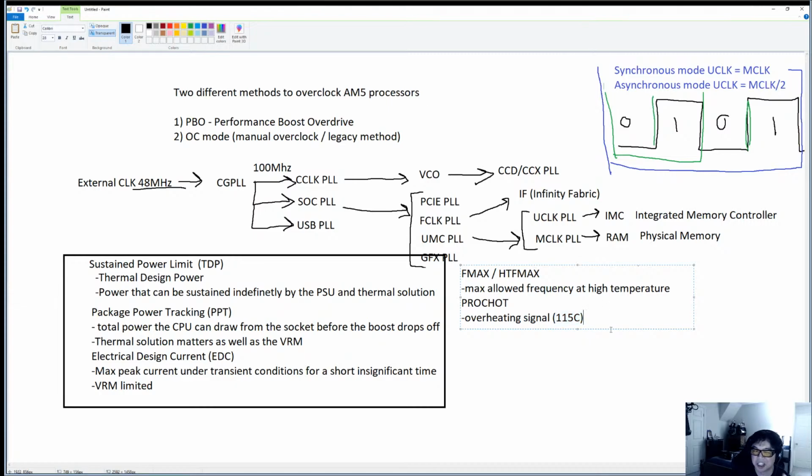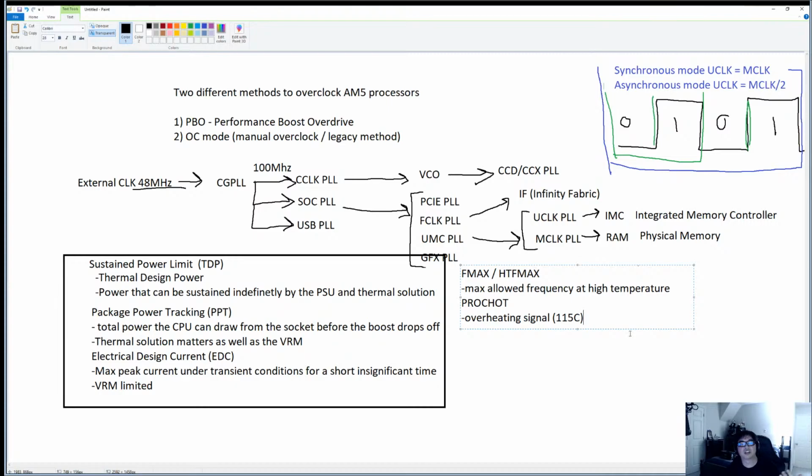If memory serves, because I know that was the same hotspot limit on the Radeon 7 and the RDNA 1, where those GPUs would severely start thermal throttling if it got to that point. So I think it's 115.